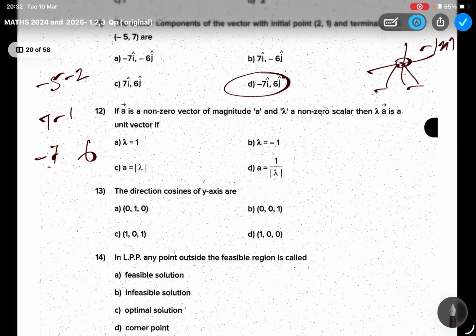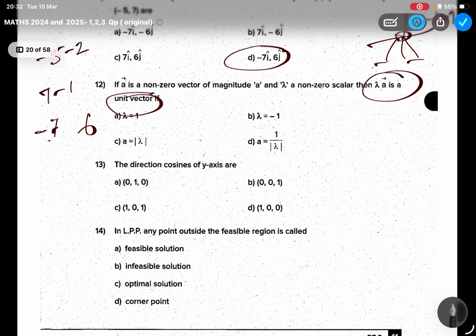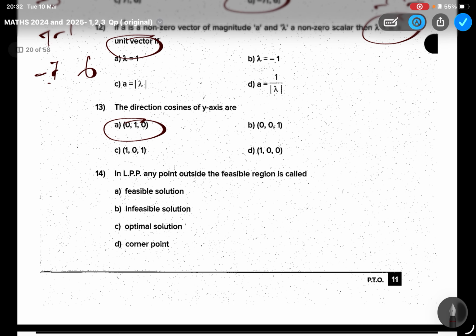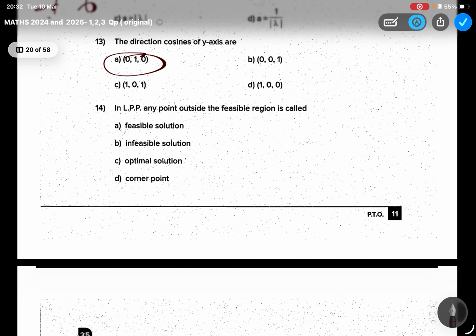If a is a non-zero vector with magnitude alpha, it is very simple now. You can do it. For lambda a to be a unit vector, what should lambda be? The direction cosines of the y-axis. It is a repeated question. In LPP, any point outside the feasible region is called an infeasible region.